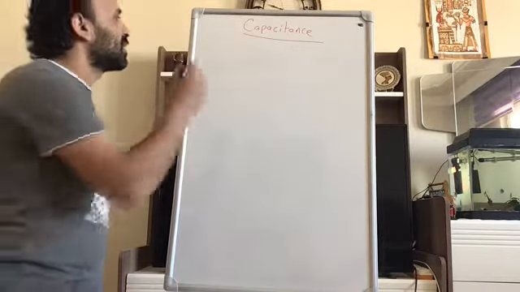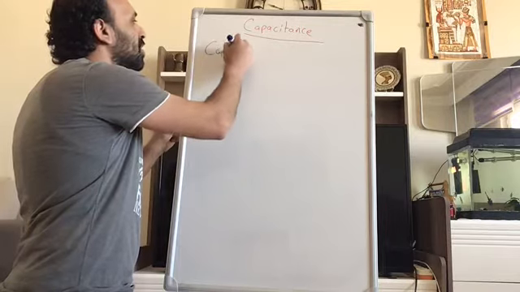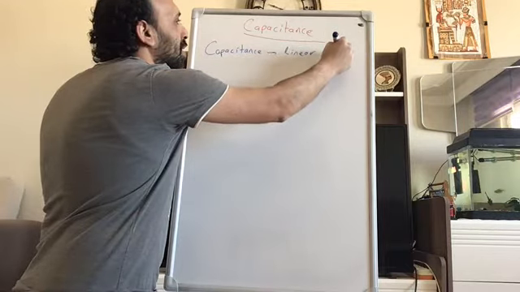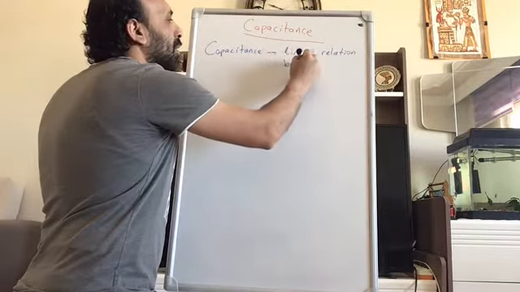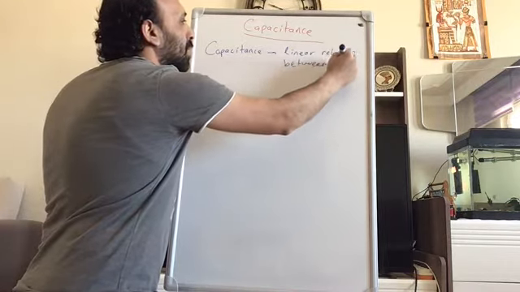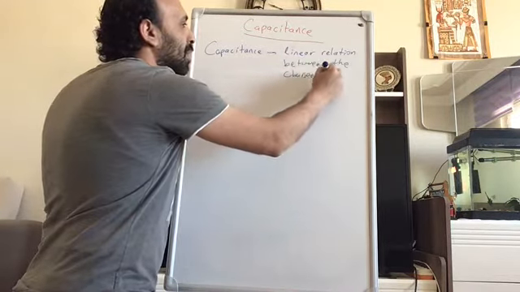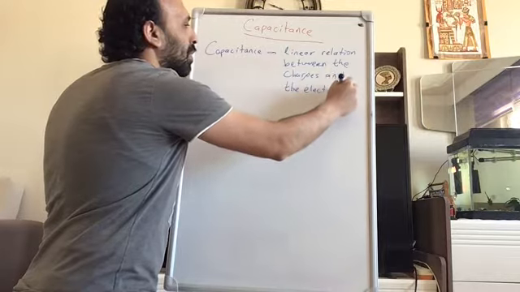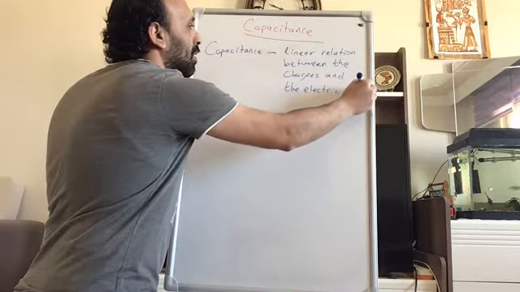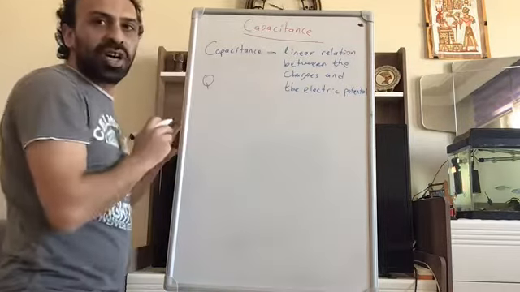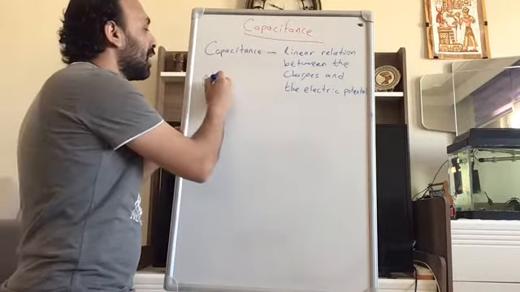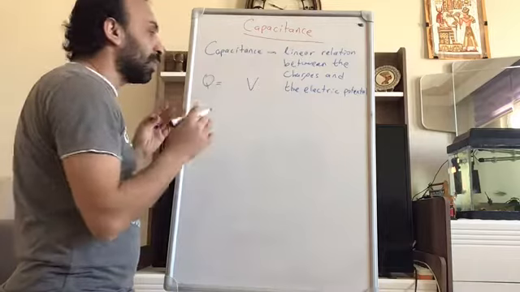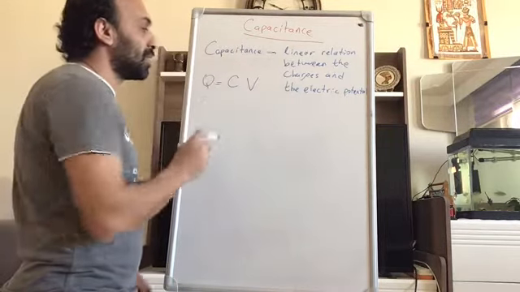We defined the capacitance as a linear relation between the charges in the capacitor and the electric potential, such that Q, the electric charge accumulated in the capacitor, can be written through a linear relation in terms of the electric potential between the plates, if we introduce the capacitance in this relation.